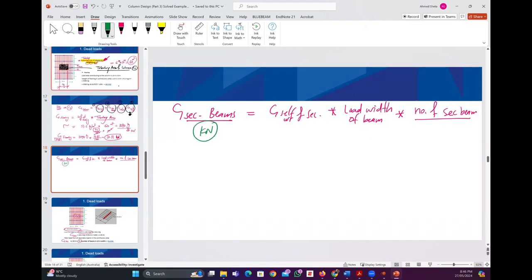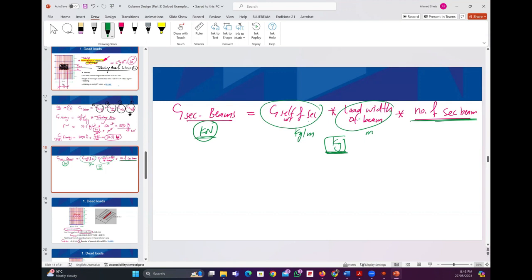So to find the load, we multiply G self weight, in kilogram per meter, times the length of the beam. Kilogram per meter times meter, so we get the value in kilogram. This is the load of the beam in kilogram. If we multiply by the number of beams, this is the total beam load.